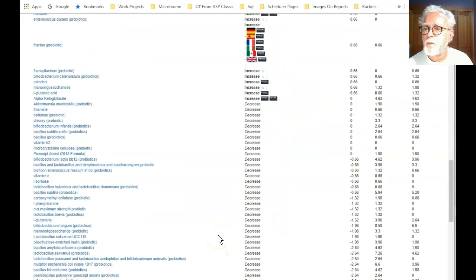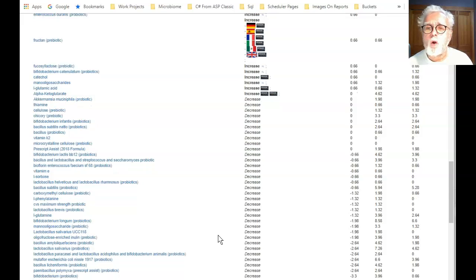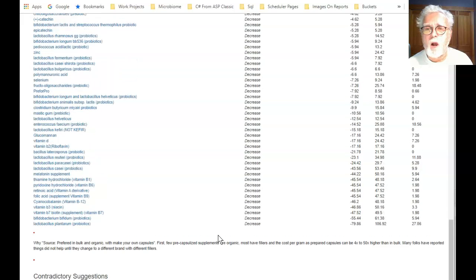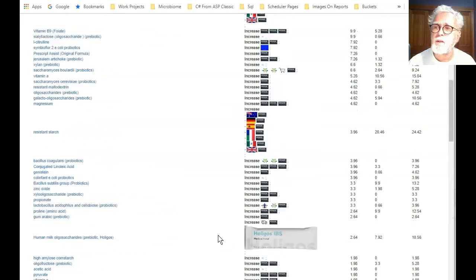And at the bottom you have a list of the bacteria which will be hurt further. In other words, these substances will compound the shifts that the drug or antibiotic has done.